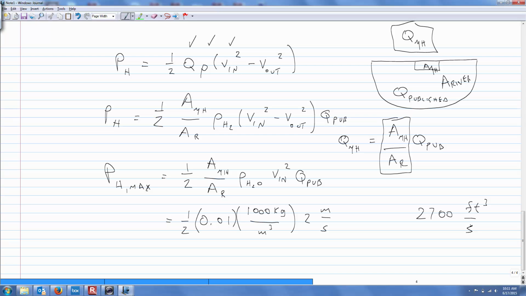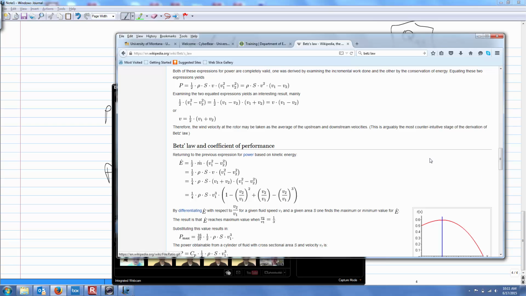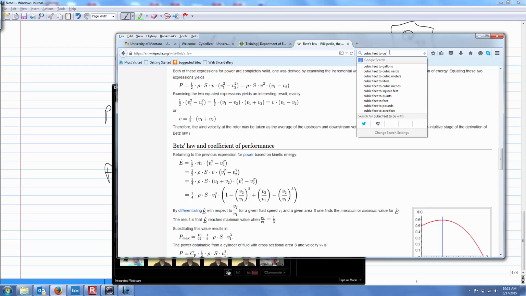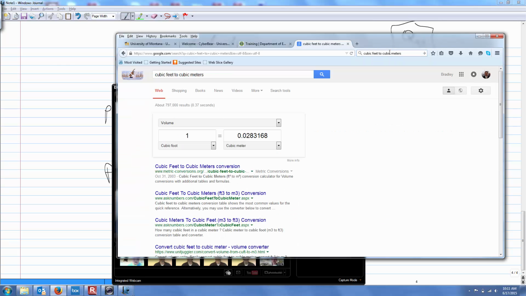And let's just turn that into cubic meters. I'll rely on the internet for that. I don't know cubic feet to cubic meters off the top of my head. Okay, so 0.028.